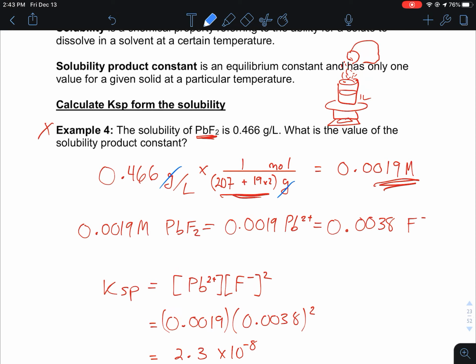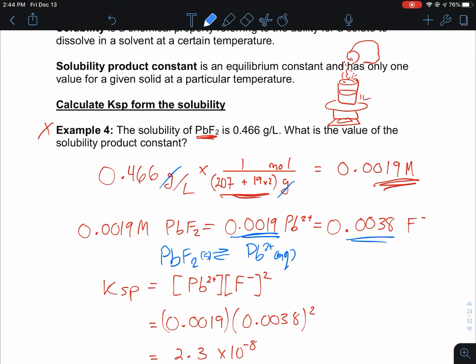Grams are gone. Take that moles per liter and realize that this must be the number of moles of lead, and then I actually get twice as many moles for fluorine because we know that lead fluoride must dissociate in solution into a single lead atom.